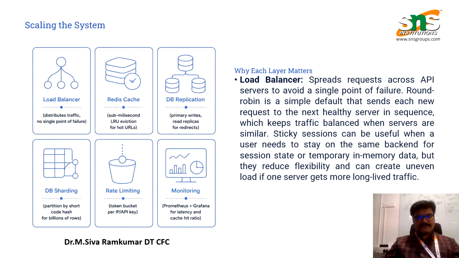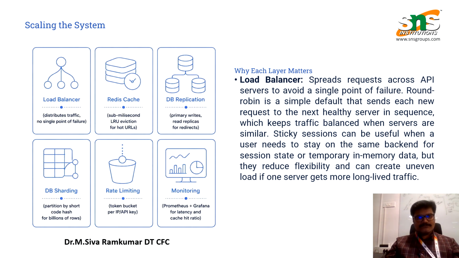Now let's understand how the system handles massive traffic. The load balancer distributes the requests evenly across multiple servers. The Redis cache stores frequently accessed URLs in memory, reducing the database access and improving the speed. The database replication separates write operations from read operations by using one primary database and multiple read replicas.